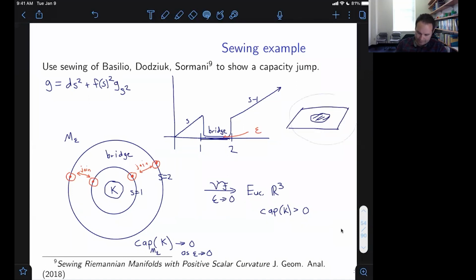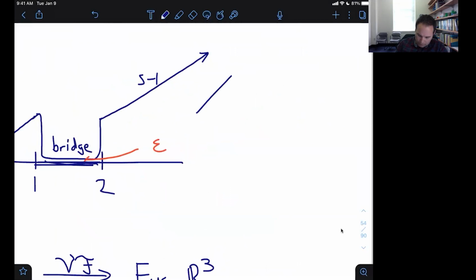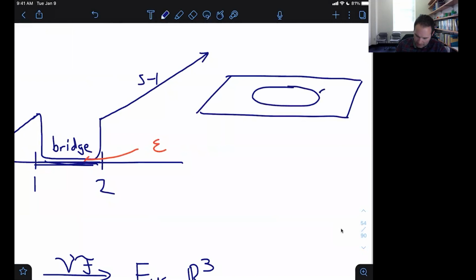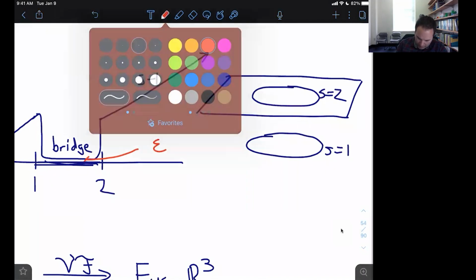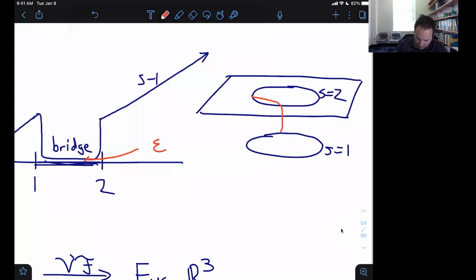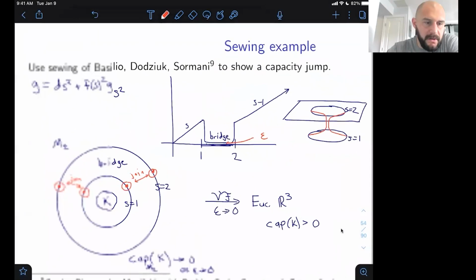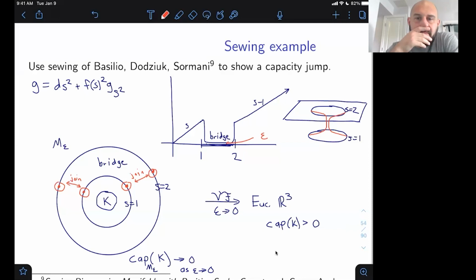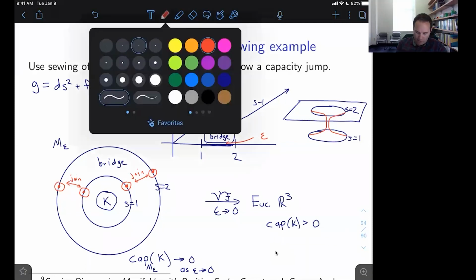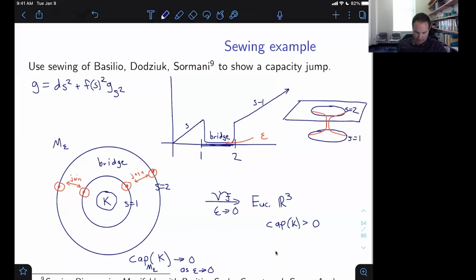So this is what I'm calling S equals 2. Down here, you've got that S equals 1 sphere, and they are joined by this bridge that's very skinny neck like that. Yeah, thanks. Yep. Okay, so that's another more interesting example than those other couple.